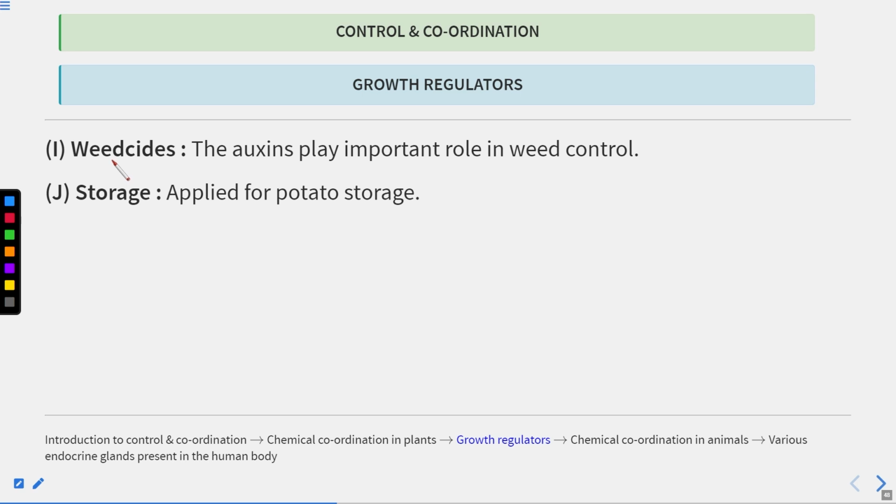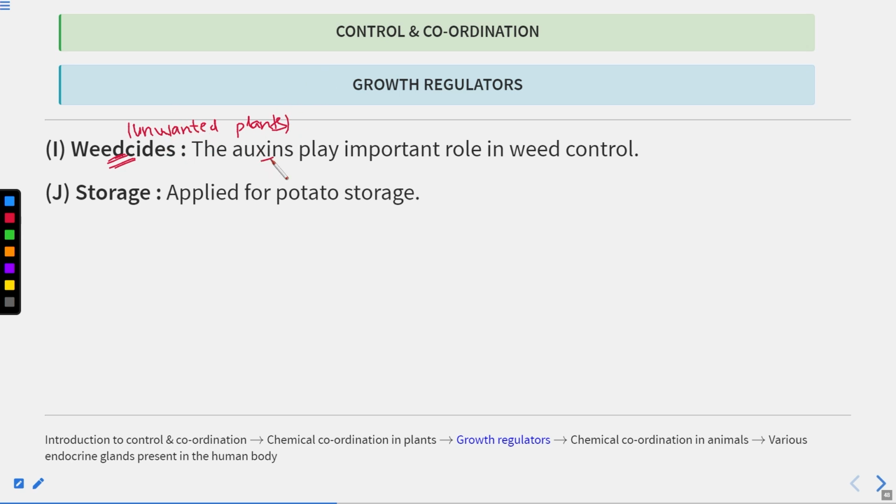Now let's talk about the next role of auxins, which is weedicides. What are weeds? Weeds are unwanted plants that compete with the crop plants. So we have to get rid of them. These unwanted plants compete for the nutrition, and there is a lack of nutrition for the crop plants, so there is a need to remove them.